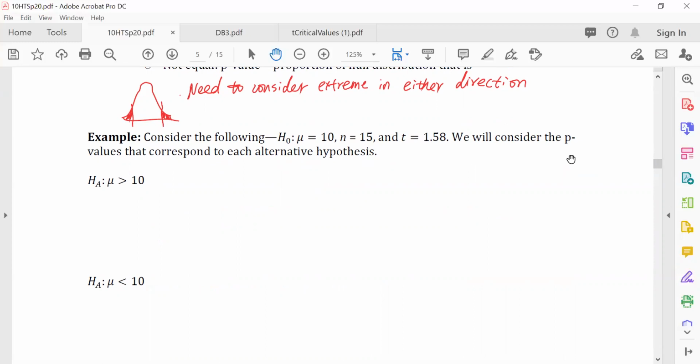Then we will consider the p-values that correspond to each alternative hypothesis. So the first case, when your alternative hypothesis is a greater than sign. Now we are going to draw a null distribution, and our test statistic 1.58.